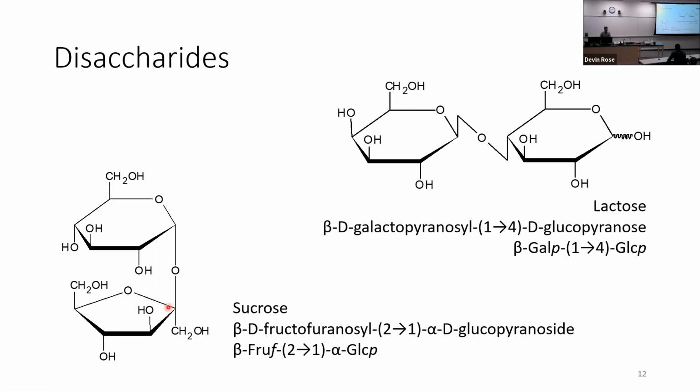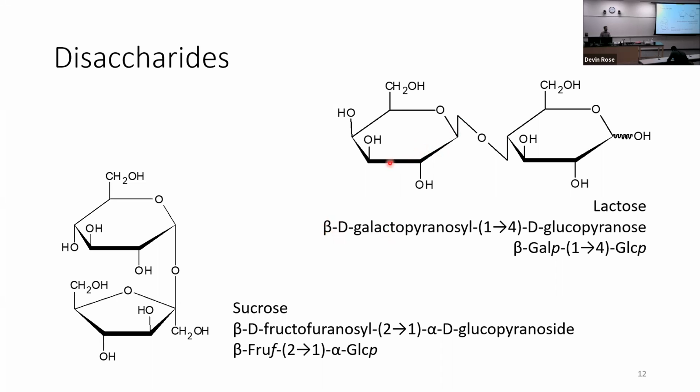This one right here. So instead of being down like in glucose, see this down in glucose, it's in the up position. So this is galactose. And galactose has its anomeric hydroxyl group in the up position, so it's beta.